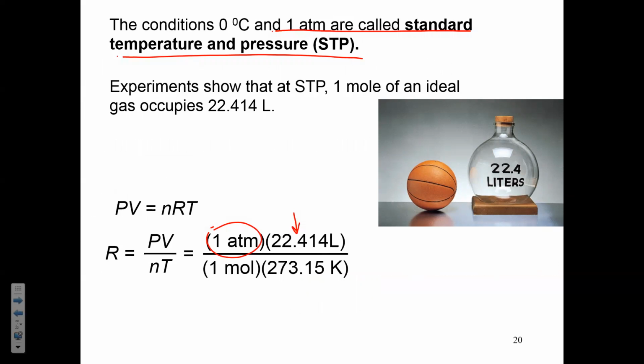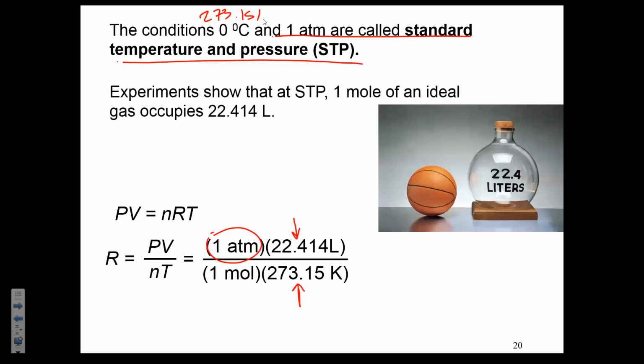We also use 273.15 Kelvin, which is our standard temperature. So we assume gases are going to behave ideally at this temperature and at this pressure. Okay, so that's where we get this.